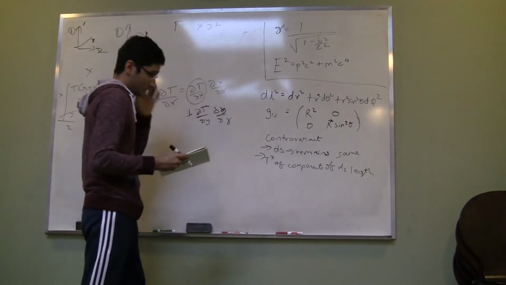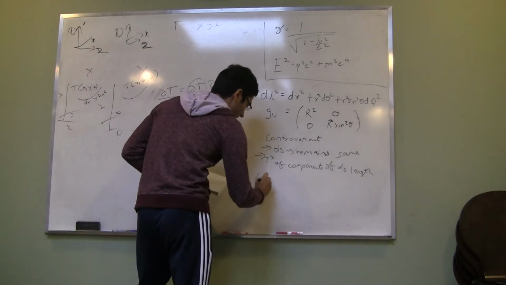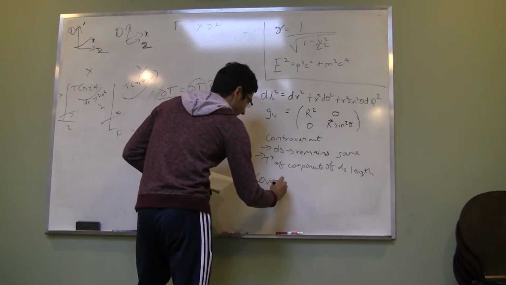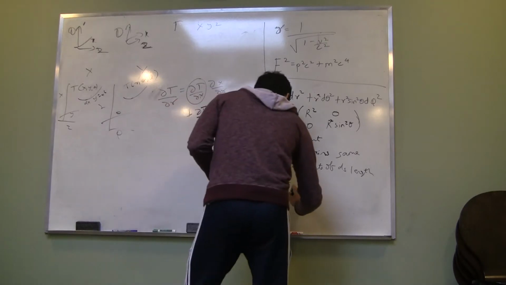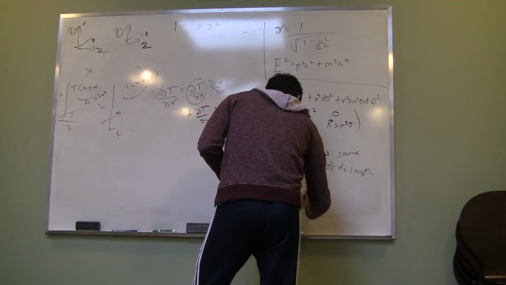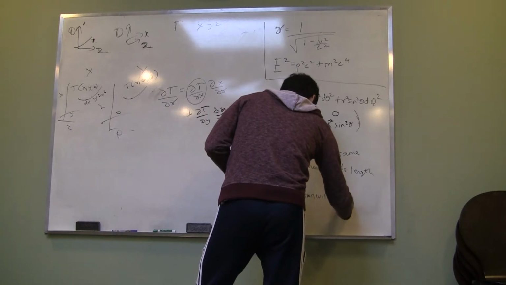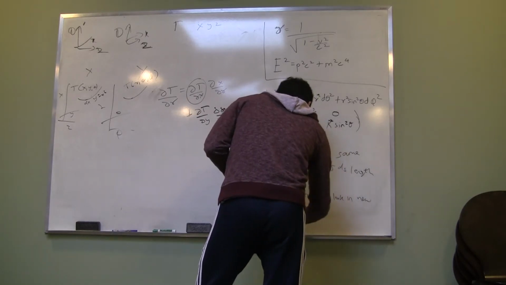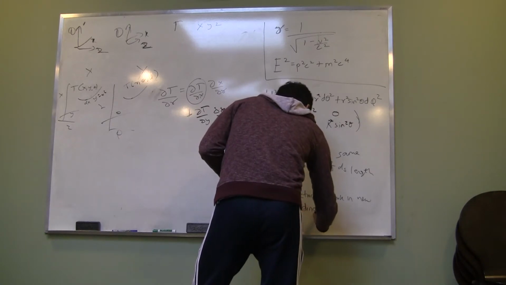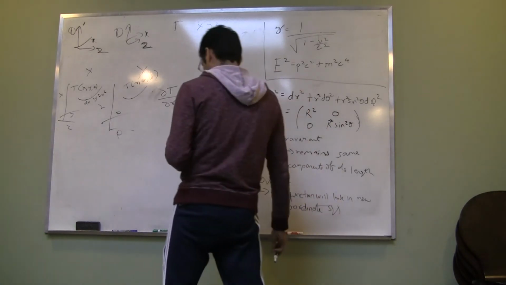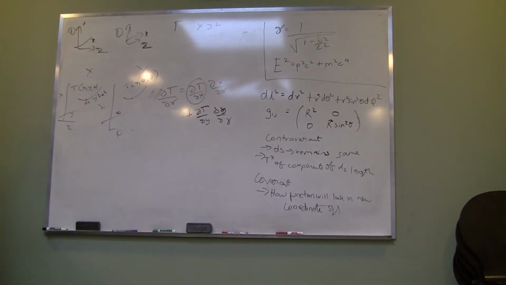And covariant is transformation of function itself, how the function will look like in the new coordinate system. I should write it down.